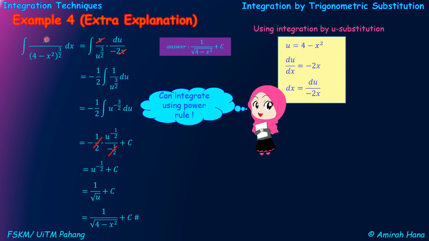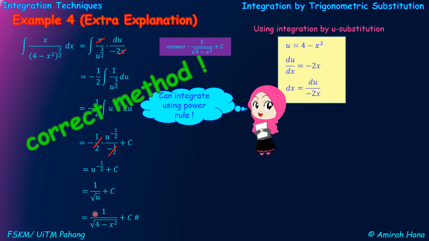So after we integrate this using U-substitution, we get the final answer equals 1 over square root of 4 minus x squared plus c. When we compare with the final answer from integrating using trigonometric substitution, we get the same answer, right?